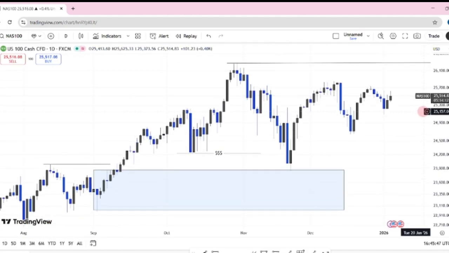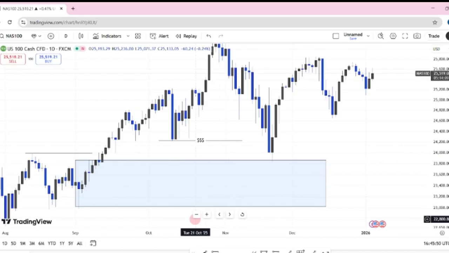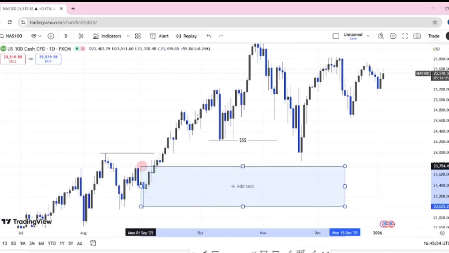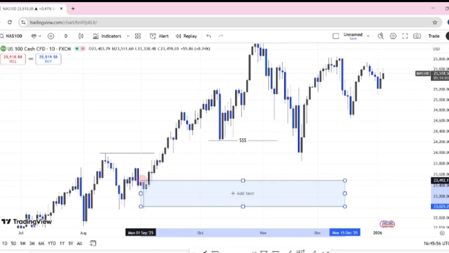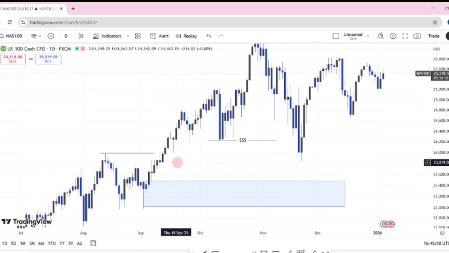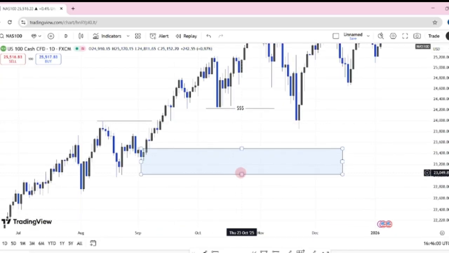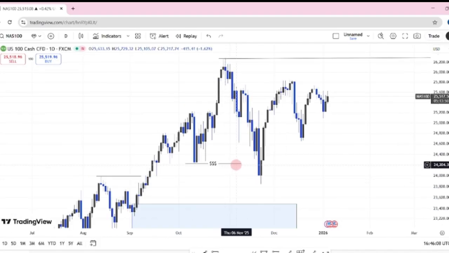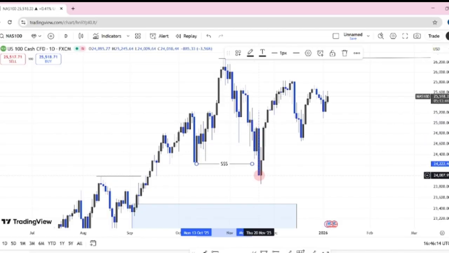This is the daily time frame of NAS100. So let's refine this order block here. If we refine this order block, this is the candle we'll be working with on the daily. On the daily level, this candlestick here is present as our order block. So we have this as the liquidity sweep at this level. Price swept this point, and this gave us a change of character on the daily.